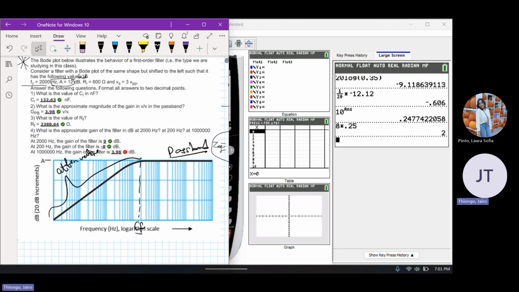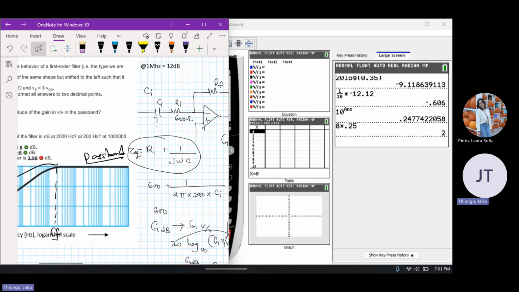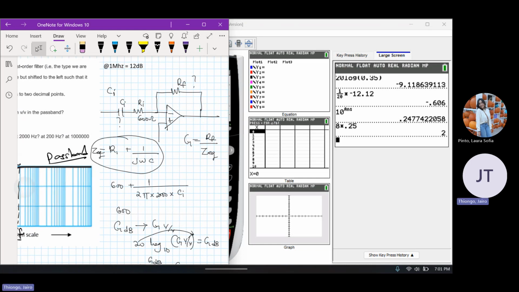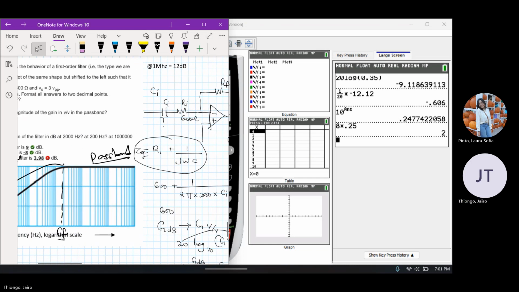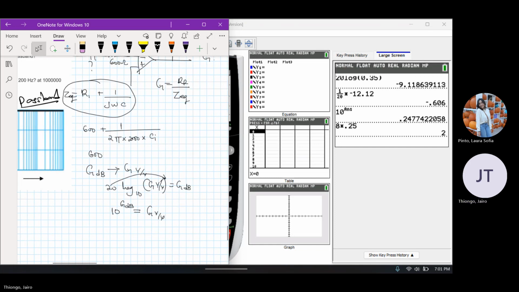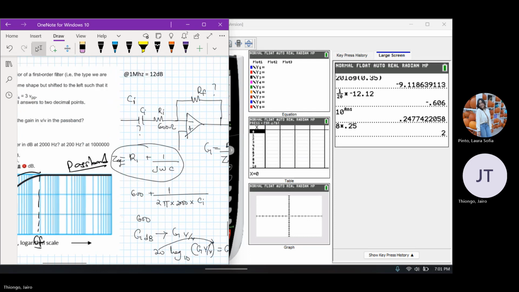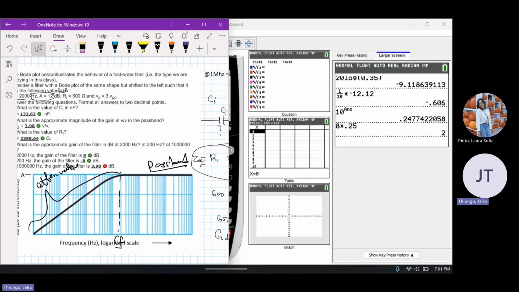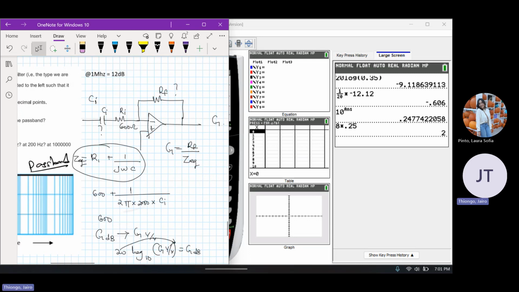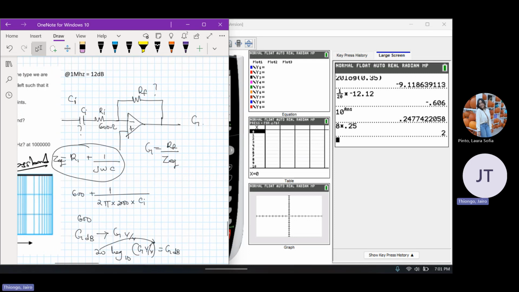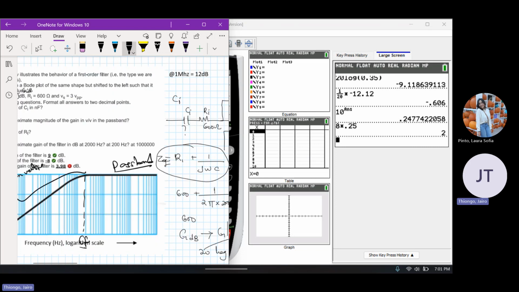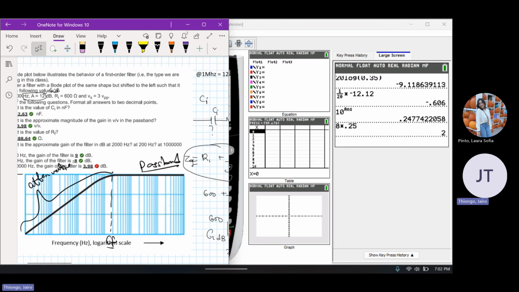For you to be able to find the different values, let's go into this section real quick. Since this is a high pass, this would be the configuration of a high pass filter. I believe I had done this before. This is how you draw it out if you wanted to find the different values.